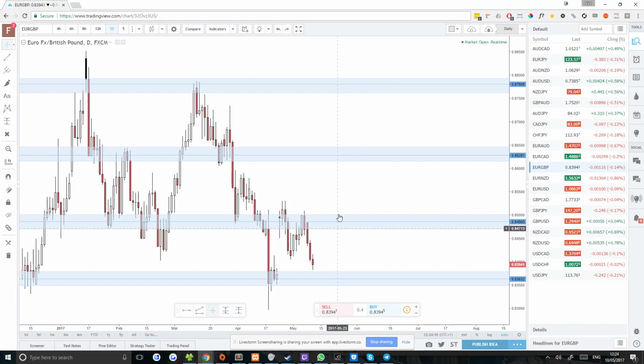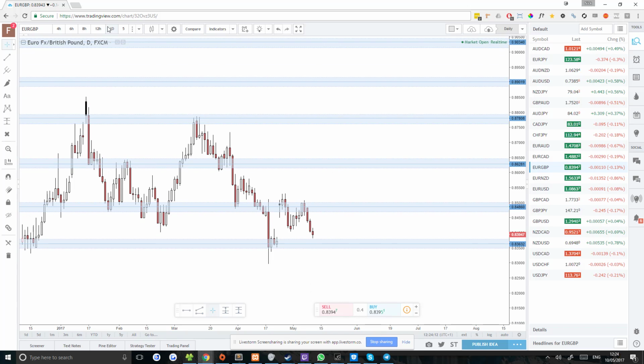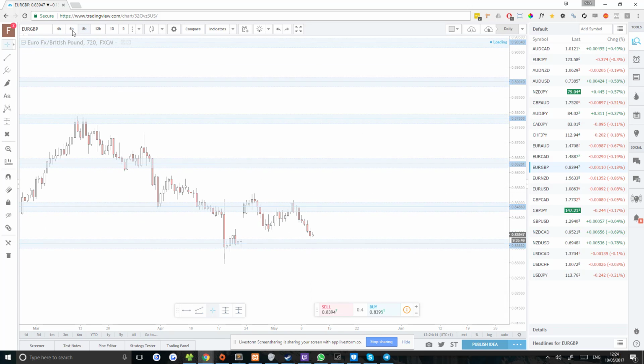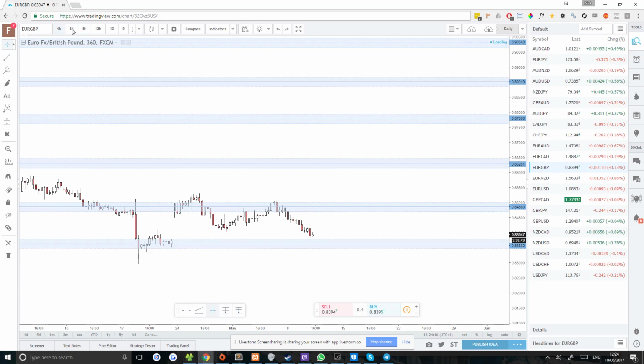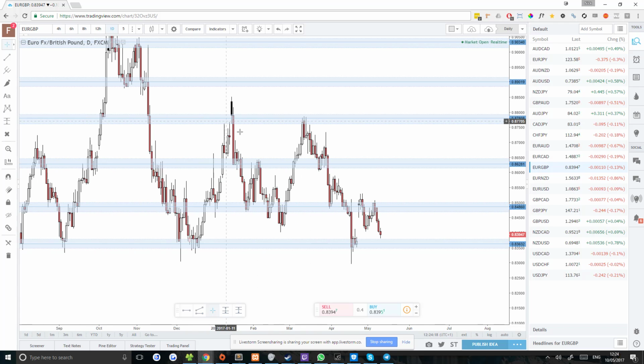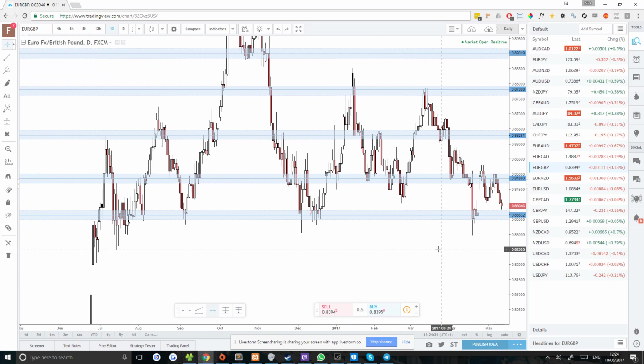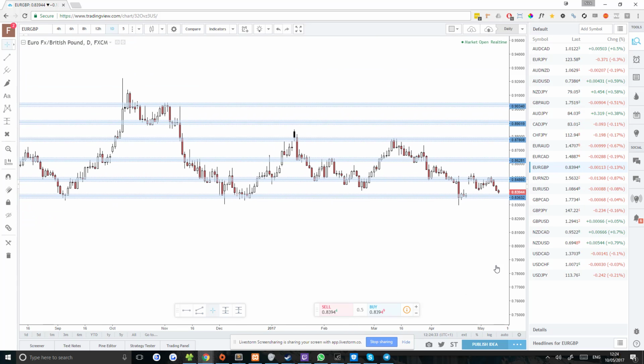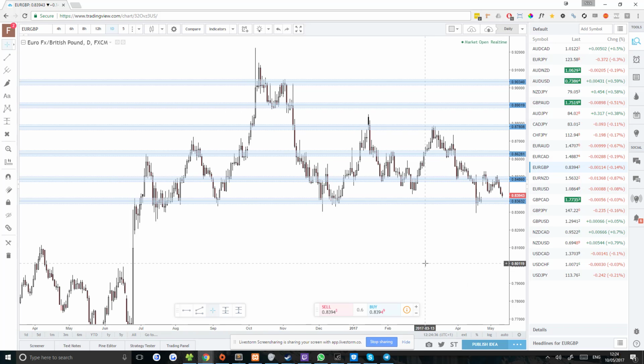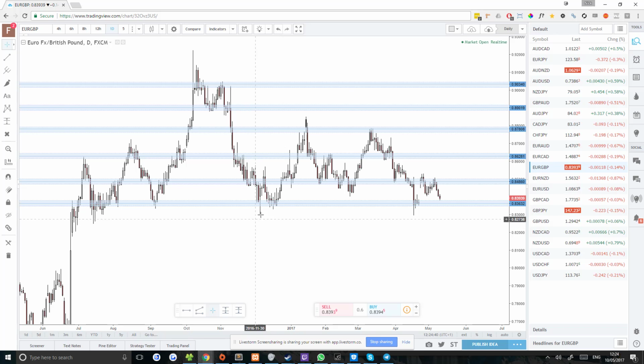All right, Euro GBP, what's going on with Euro GBP? Euro GBP is trending down. It's about to smash into this super strong support area. Now this is a really strong support area. I mean, it is pretty much one of the strongest support areas we have seen this year.